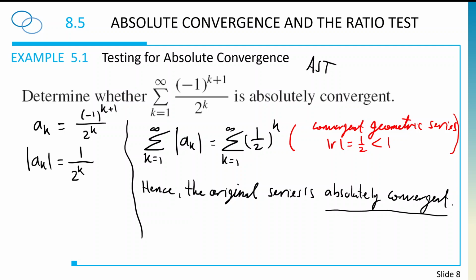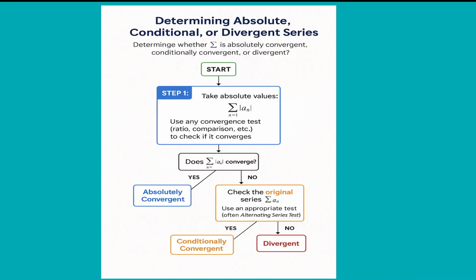That's it. Now, I'll just try to show you this flow chart, to help us work with these types of questions. What should you do, especially with the conditionally convergent ones? Firstly, the best advice I can give you, with any of these questions that could have some negative terms, and you could use it also for the alternating series test, is to always start by taking the absolute value.